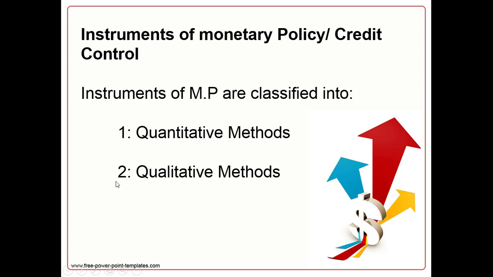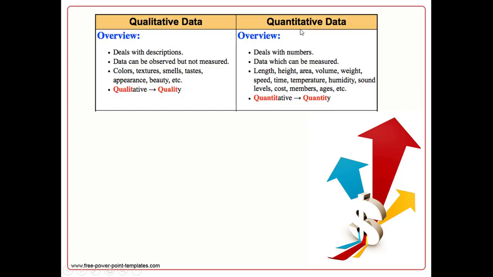And similarly, the other methods to control credit in the country are the qualitative ones. Quantitative deals with numbers, while qualitative deals with description.